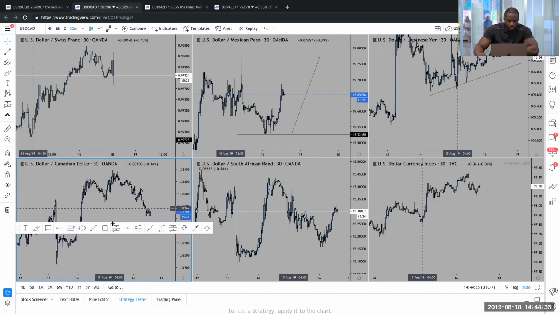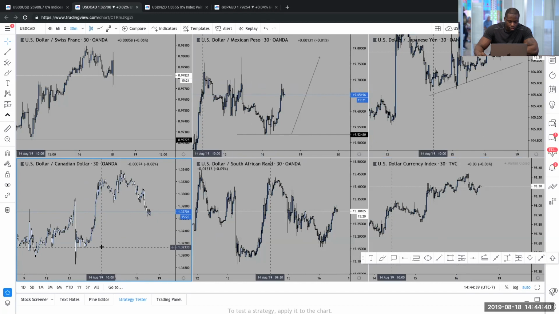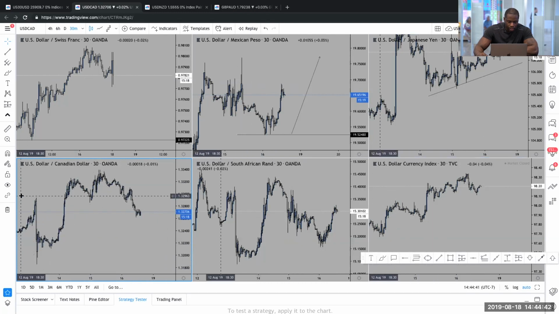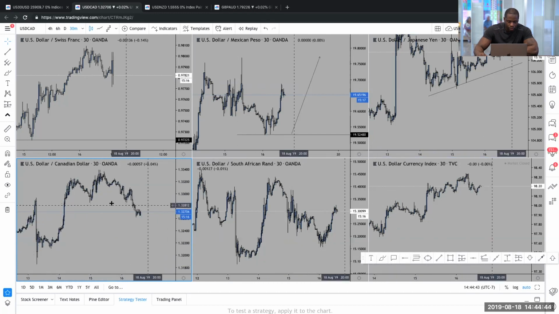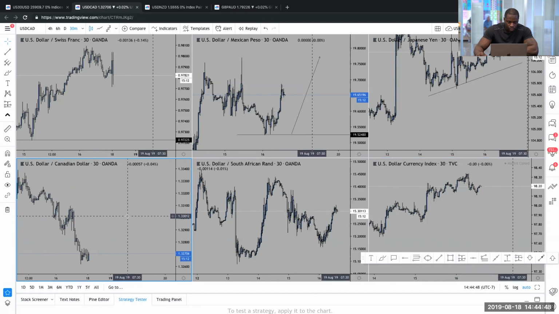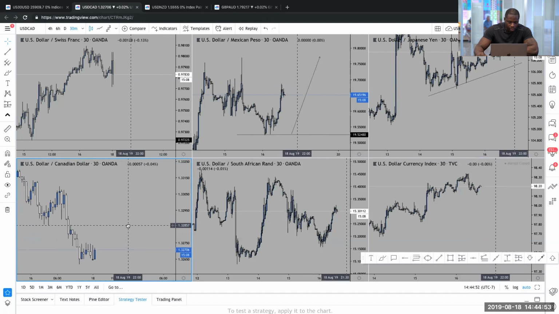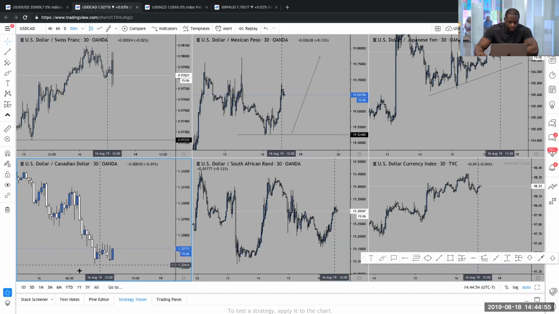USD versus the Canadian dollar. You can see here, it made its push, came down, broke that previous support, it became resistance, right? So it already made a nice morning star down here in the bottom.